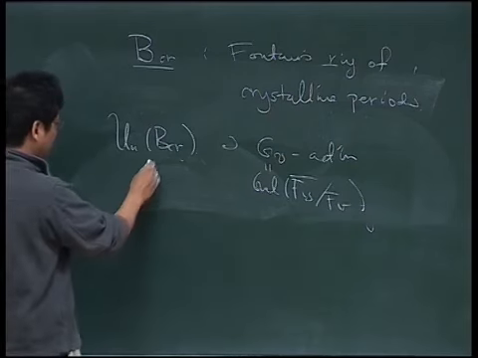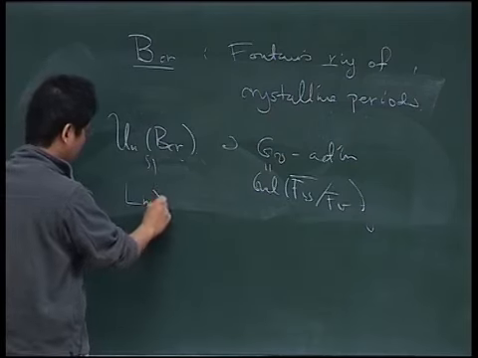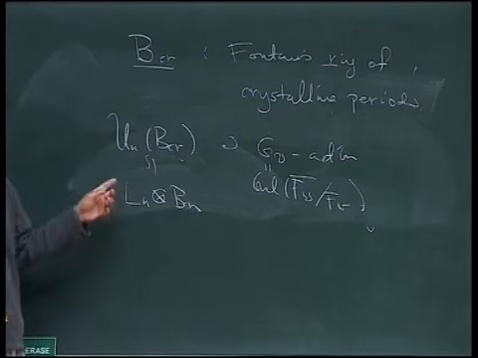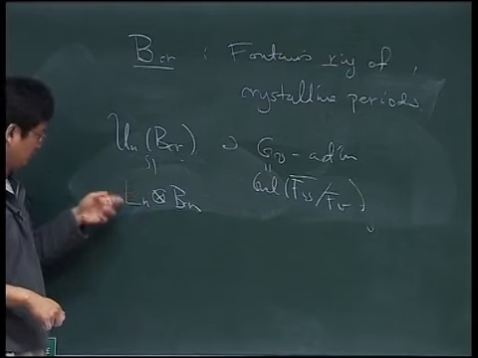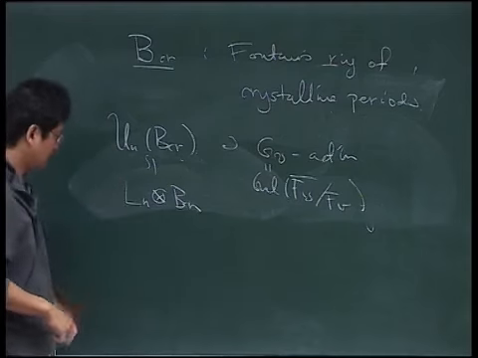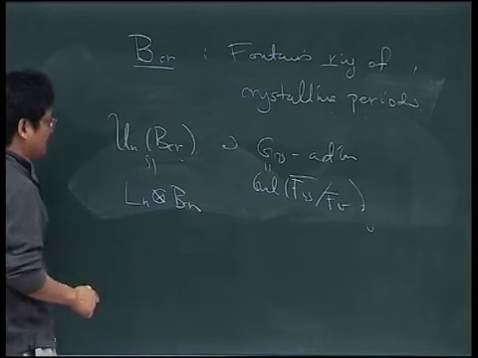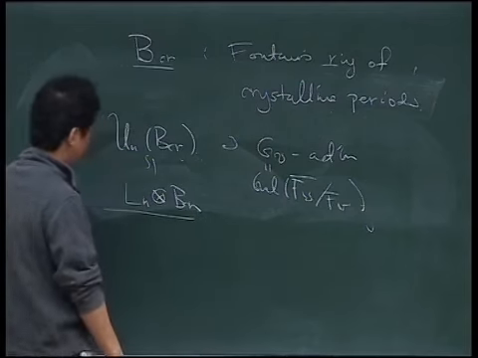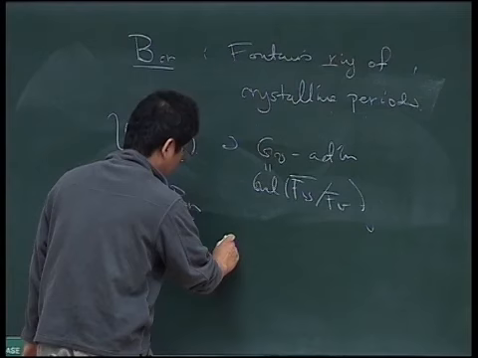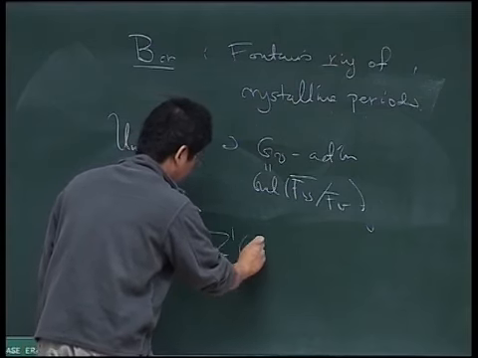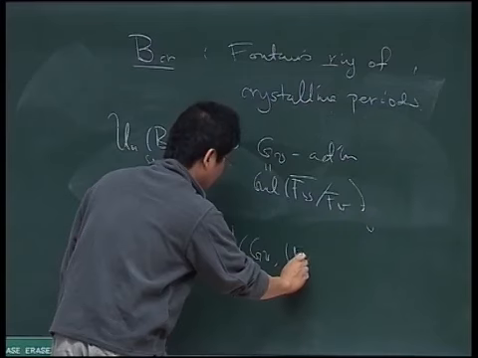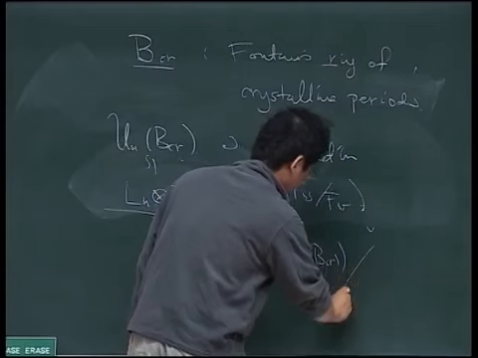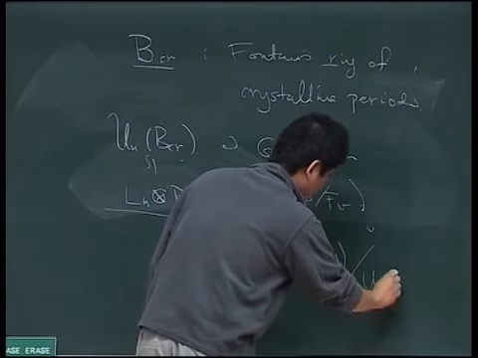But the other way to see it is, remember, as a Galois module, this is just L_n tensor B crys. This can be identified with the Lie algebra. So this has the Galois module structure and this has the Galois module structure, so it just acts here. So here, of course, there's also all these things like the continuous cocycles with coefficients in B crys, and then mod out by the U_n(B crys) action.